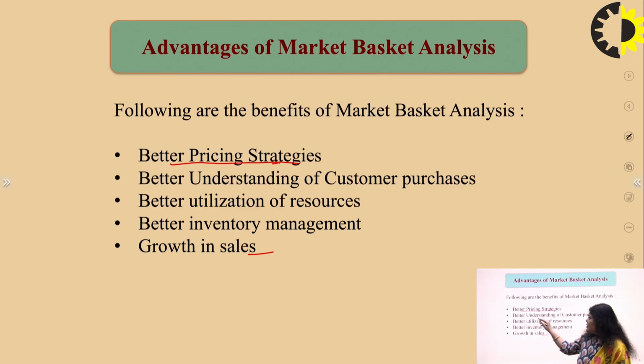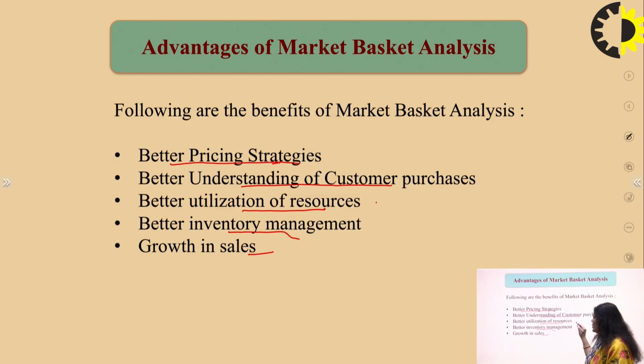The next benefit is better understanding of customer purchases. This gives us a better understanding of customer purchases, and if I can have an idea of what the purchasing trends of my customers in my area are, for example, I would be able to better utilize my resources, and I can manage my inventory in a better way.